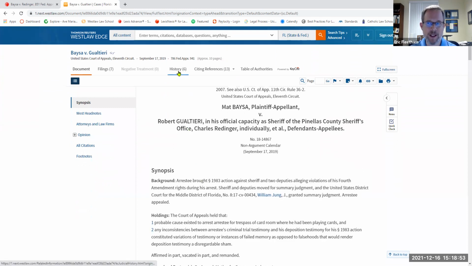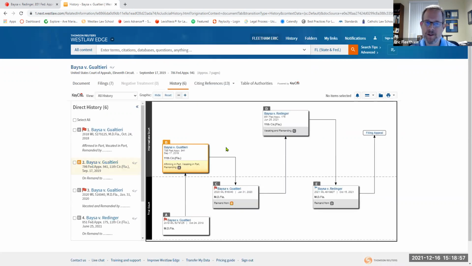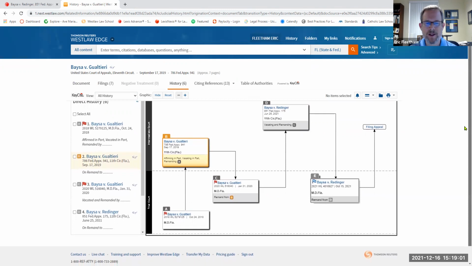Go to history. Westlaw gives us this timeline. All right, so Westlaw gives us the very first case. So we were looking at the Court of Appeals case, but a case doesn't start in the Court of Appeals, right? It starts in the trial court. Well, if we wanted to, we could read the initial case from the U.S. Middle District of Florida, which is a trial court.